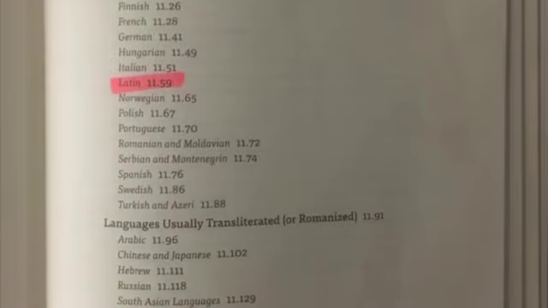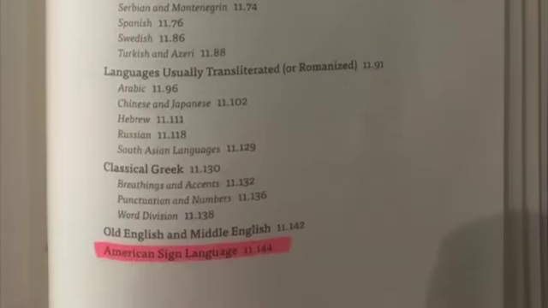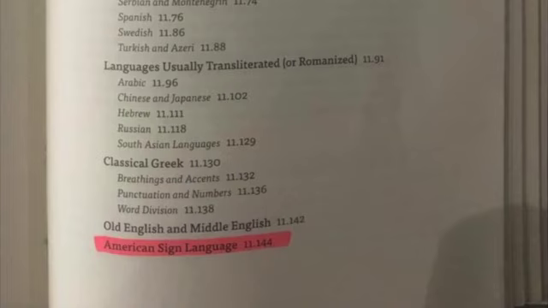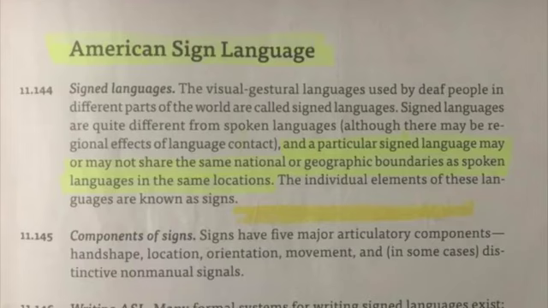This was discovered by Romilly Stewart and Rohan Lorian, as I mentioned earlier on. Okay, so American Sign Language at the bottom here, section 11.144. So let's go to there. Okay, so here we have American Sign Language.